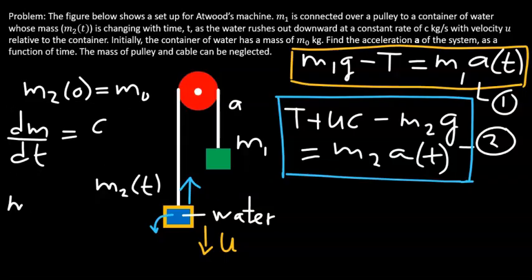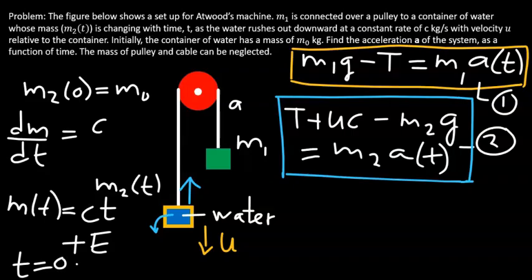And you're going to get m as a function of time equals c times t, plus an integration constant, let's call it capital E. However, at t equals 0, the water that is rushing out is 0. So the integration constant E goes to 0.